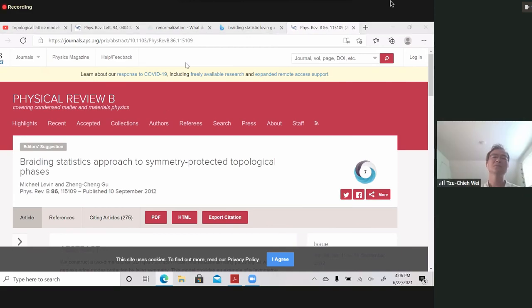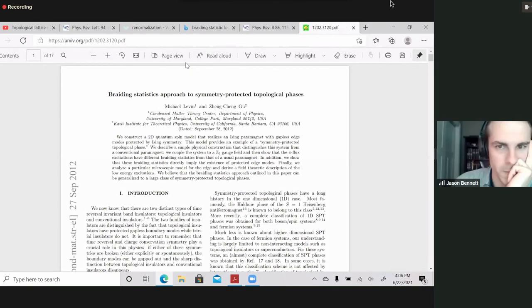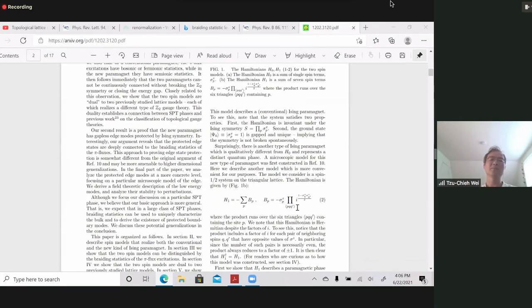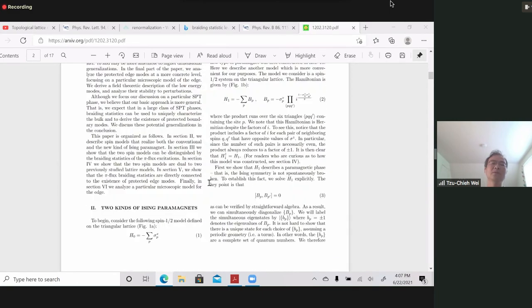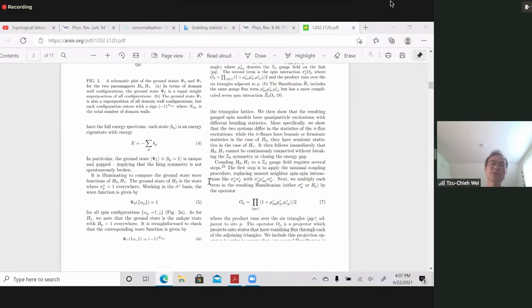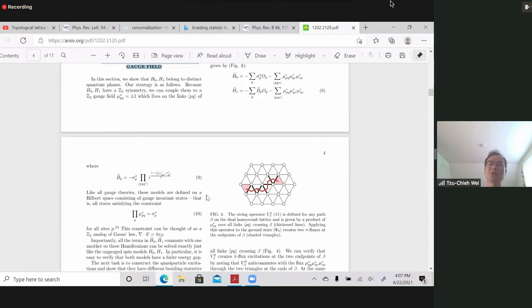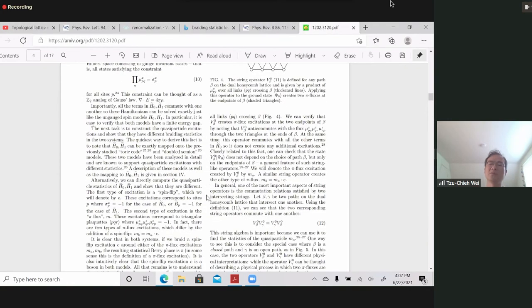Yeah, they also talk about coupling the spin model to a Z2 gauge field. So they have both gauge and spin degrees of freedom. And then in the next section they talk about duality between the spin model and the string model. I think they mean the gauge model.